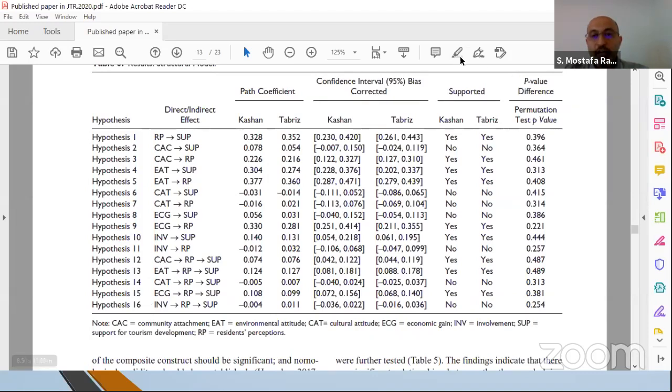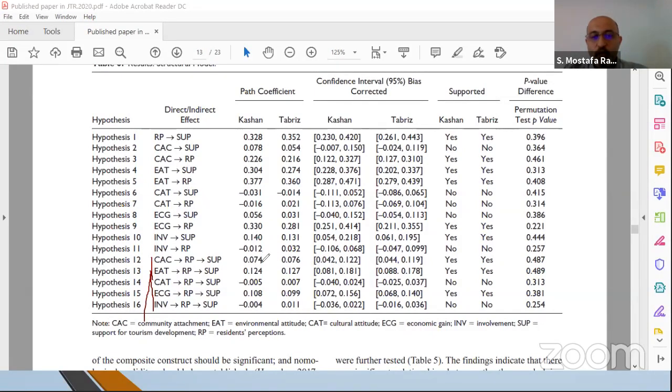We have 4 indirect effects here and 5 mediation hypotheses. And here you can see the bias-corrected confidence interval for each one. And you can see the result.